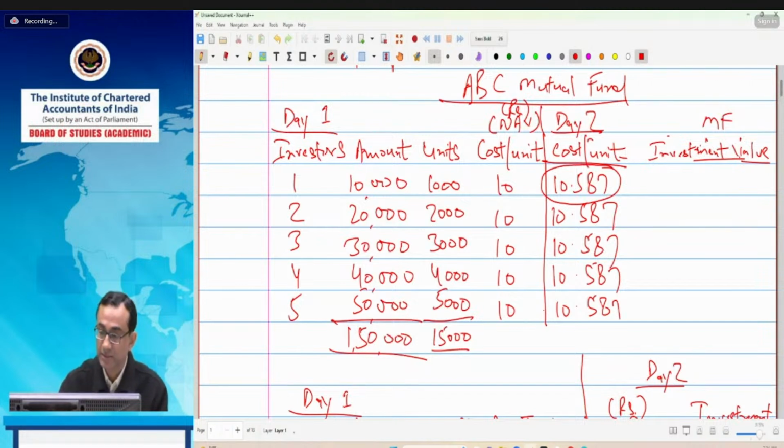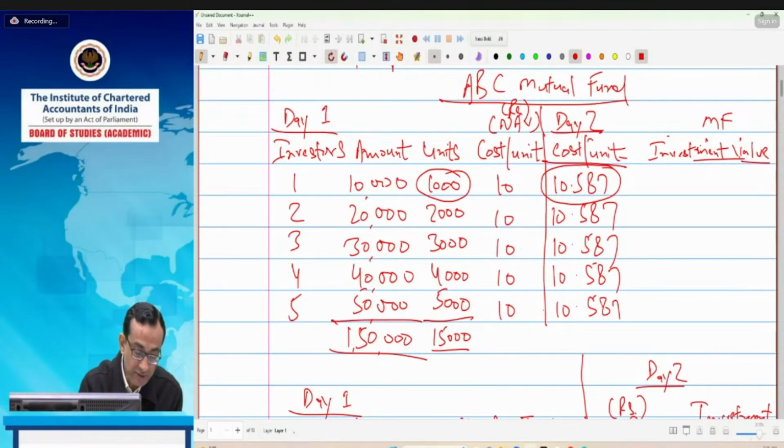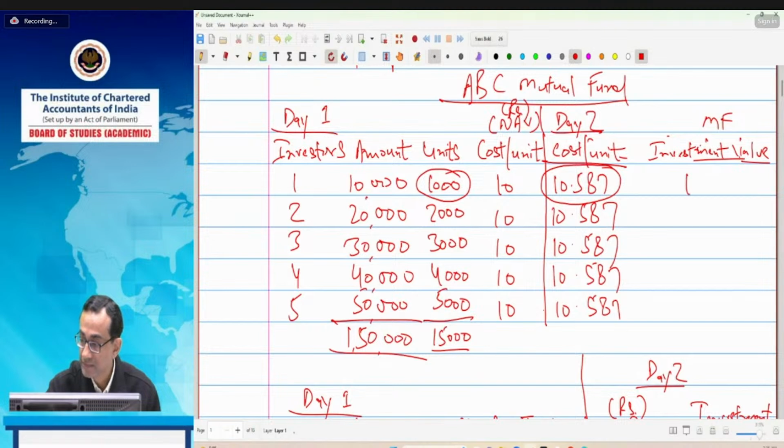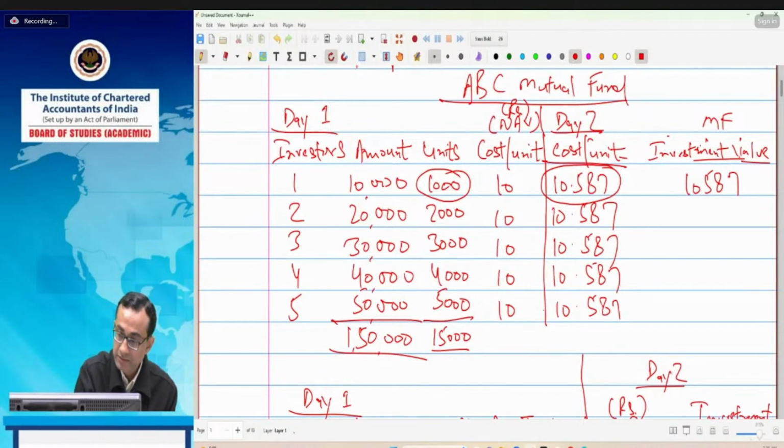We will multiply the 1000 units collected from the first investor, 1000 multiplied by 10.587, which is the cost per unit on day two. So let us calculate the investment value of the mutual fund on day two. For investor one, it is 1000 multiplied by 10.587. So actually it's 10,587. In case of investor two, let us calculate it.